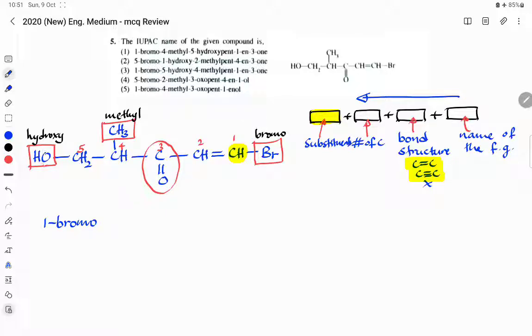Then comes the hydroxy group, 5-hydroxy. Then comes the methyl group, 4-methyl. Now the first part of the IUPAC name is complete.